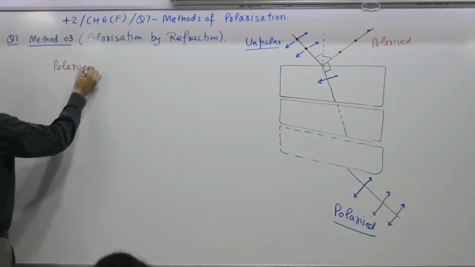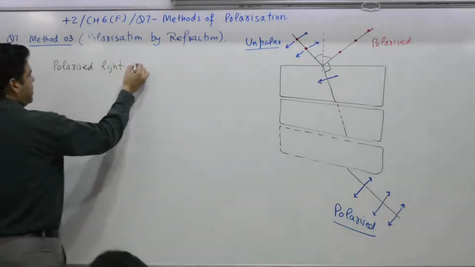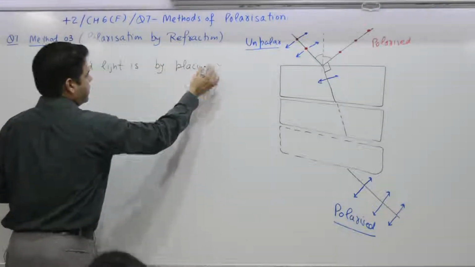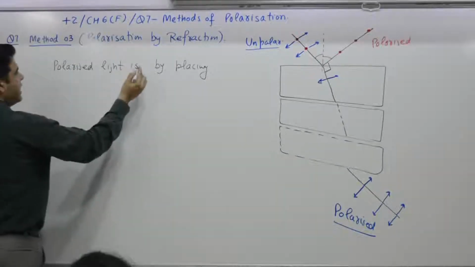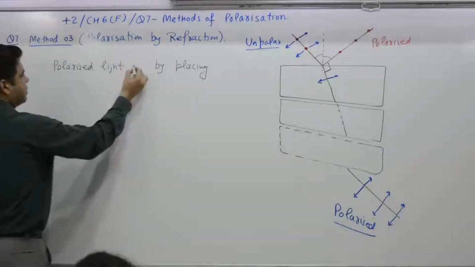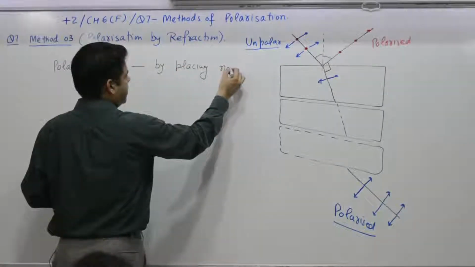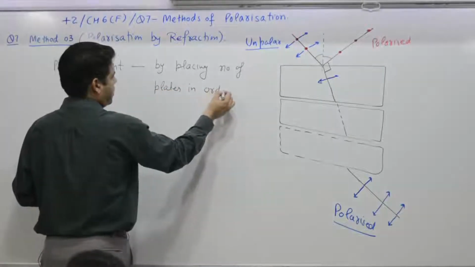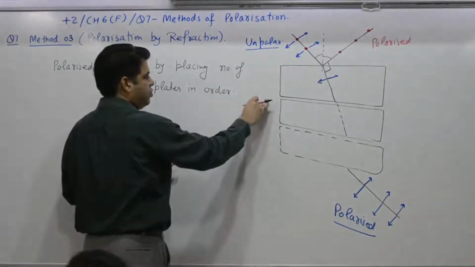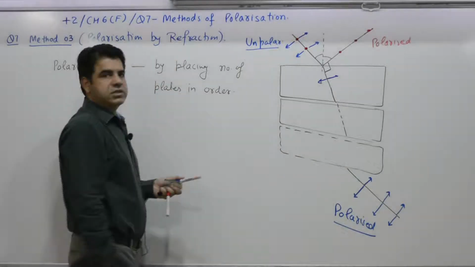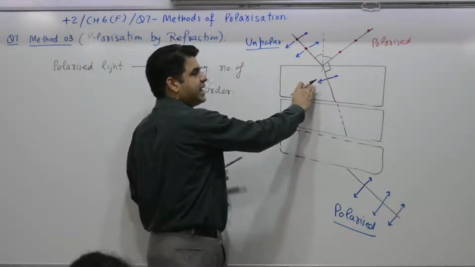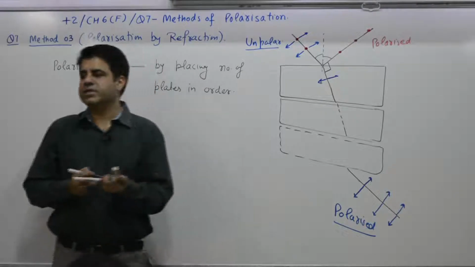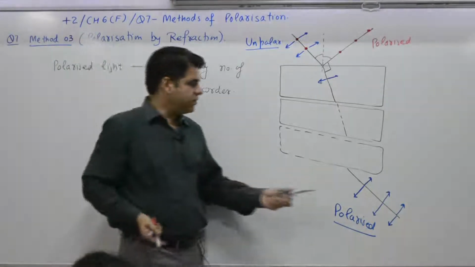Polarized light is obtained by placing a number of plates in order. Plate number 1, plate number 2, plate number 3, you will have to place a number of plates, because with each plate, first suppose it makes it 90%, then 95%, then 98%. So you will have to place a number of plates to increase the percentage of polarization.